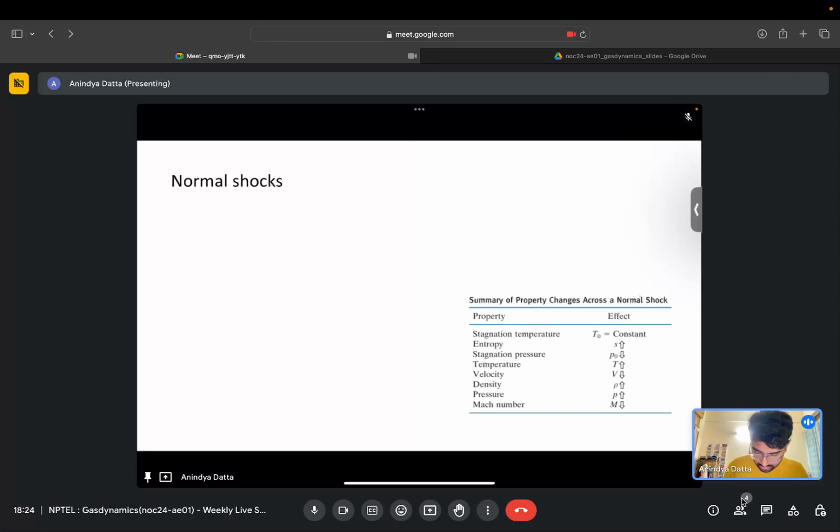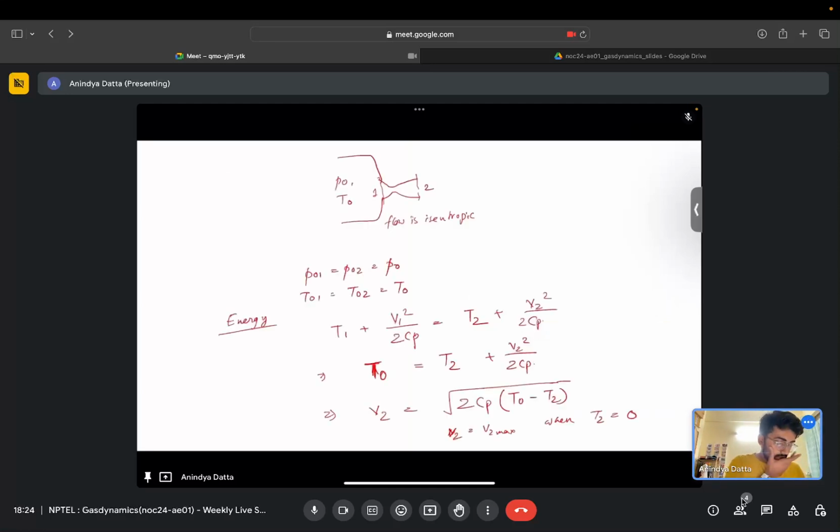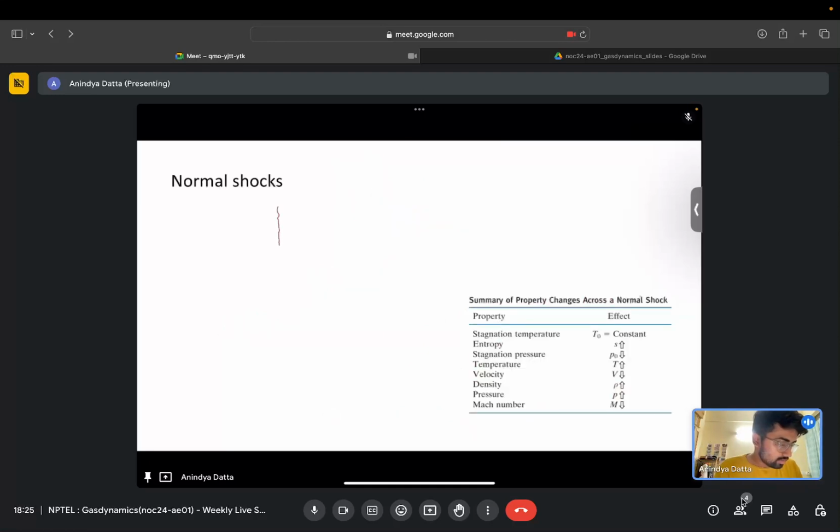Okay, let's move on then. The major point of discussion for today's session is related to normal shocks. A normal shock, as we have seen, is a discontinuity in the flow where the flow properties change very rapidly, a jump in flow properties across the shock.